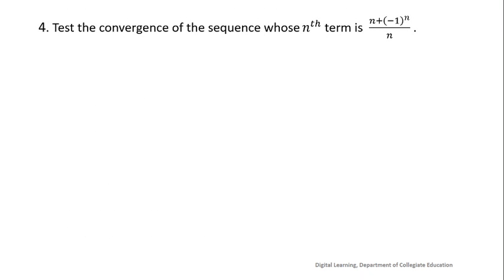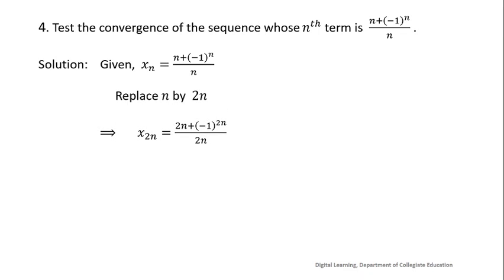Next problem. Test the convergence of the sequence whose nth term is (n plus (minus 1) power n) by n. Solution. Given xn equals (n plus (minus 1) power n) by n. Replace n by 2n. That implies x 2n equals (2n plus (minus 1) power 2n) by 2n.